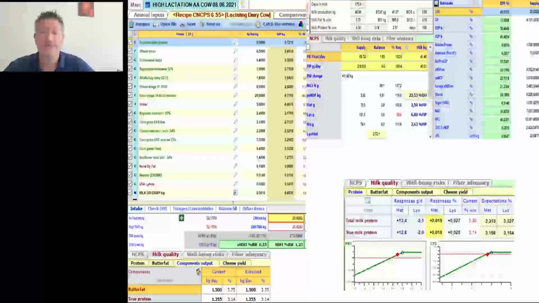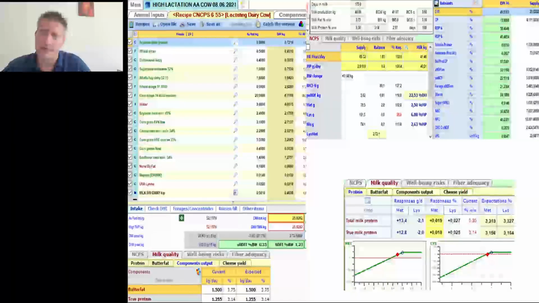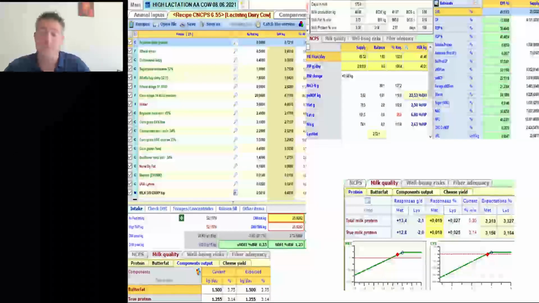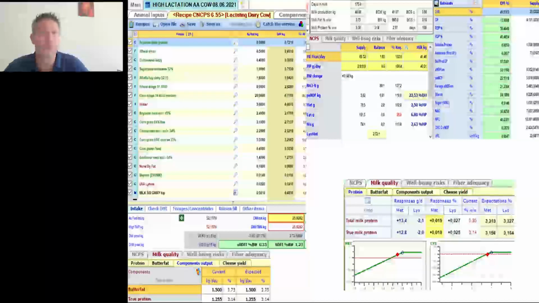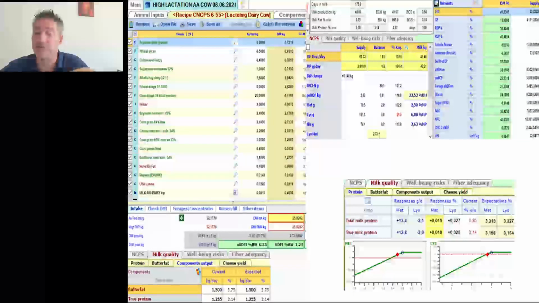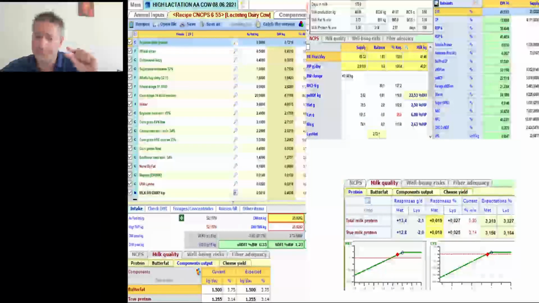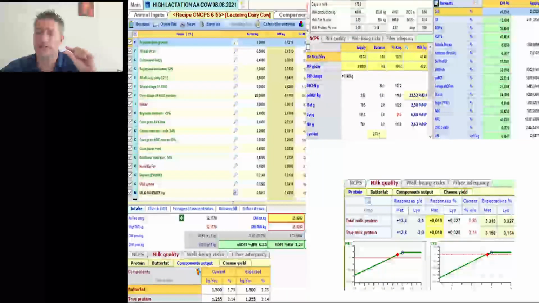In this slide there is the old ratio that I showed before, but edited with the supplement of rumen-protected methionine and rumen-protected lysine. Here we see that we have met the percentage of methionine and we are very close with the percentage of lysine.